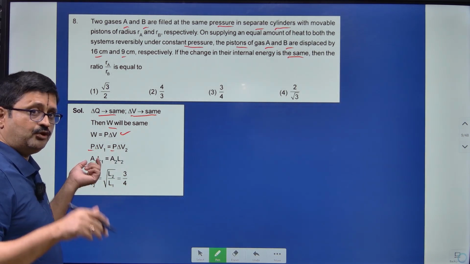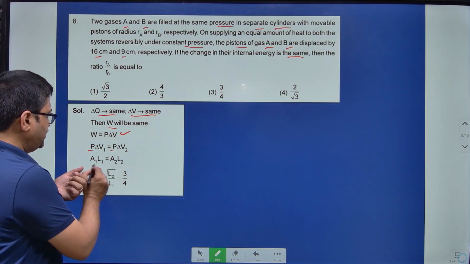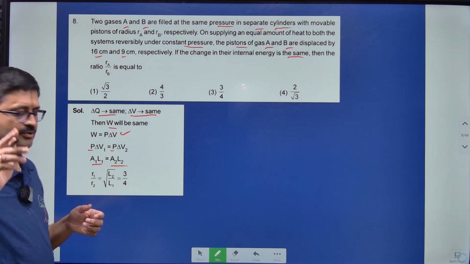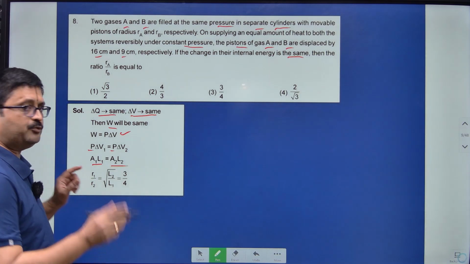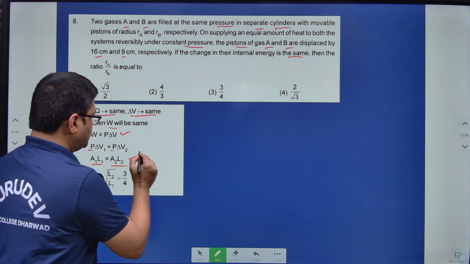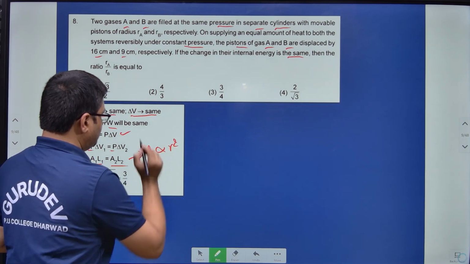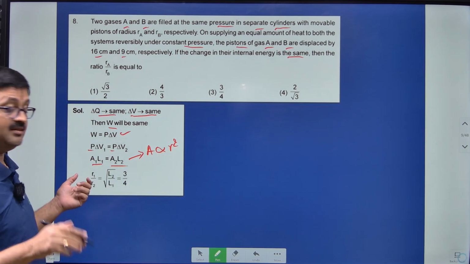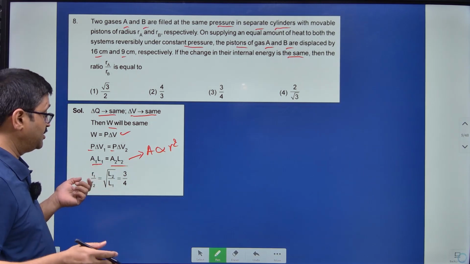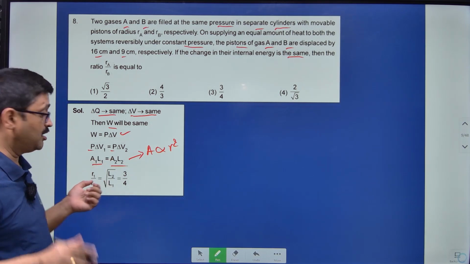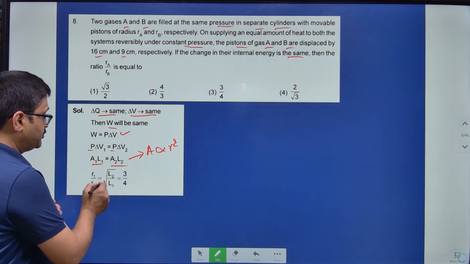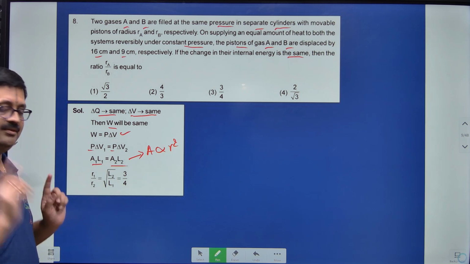Volume is area into length. So A1 L1 equal to A2 L2, and area is directly proportional to the square of the radius, so A is directly proportional to R square. From this, R1 by R2 square should be equal to L2 by L1, or R1 by R2 should be equal to root of L2 by L1.